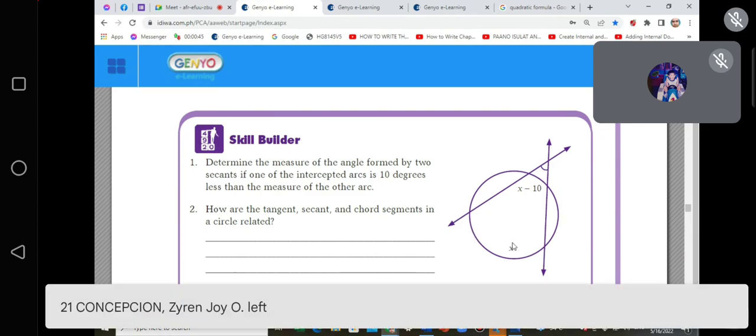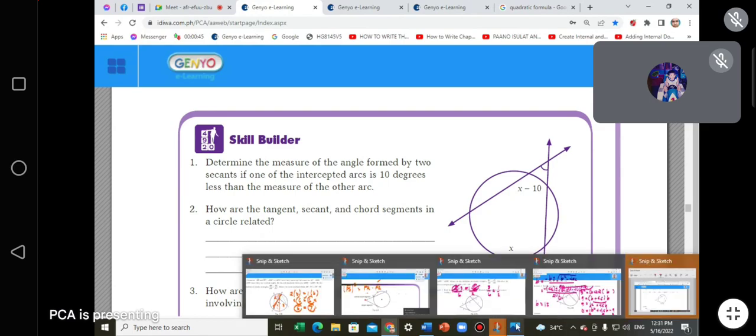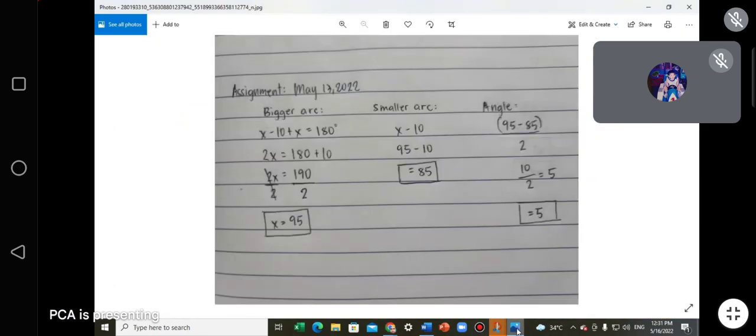And then it's going to be x minus 10 plus x equals 180 degrees. And then add the like terms, which is x and x. So it's going to be 2x. And then ilipat po yung 10 sa 180.